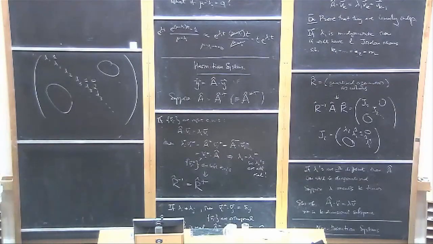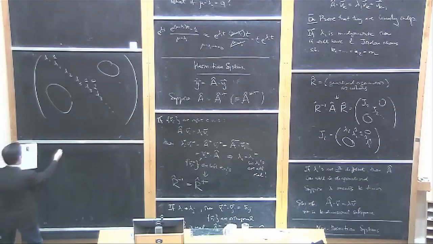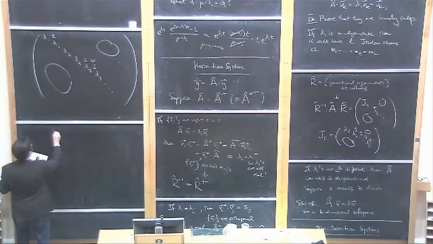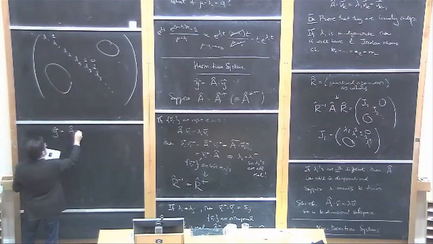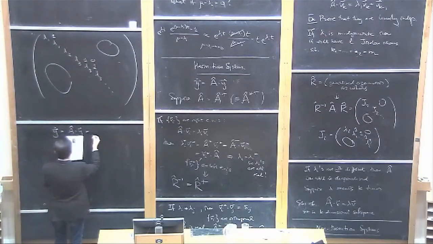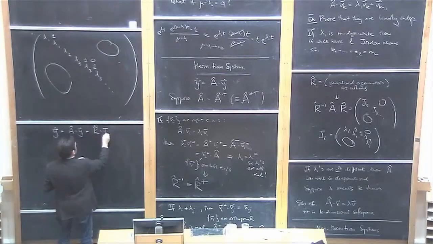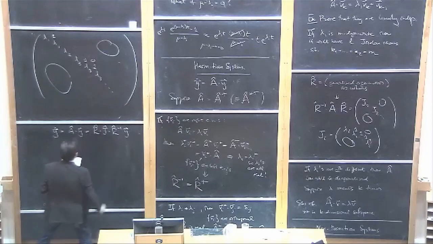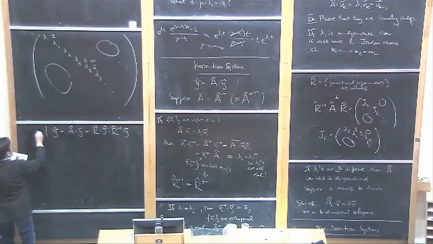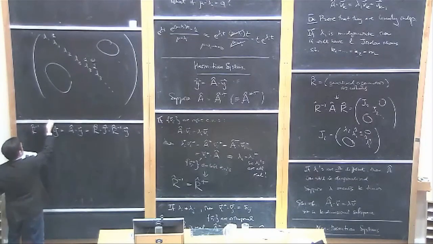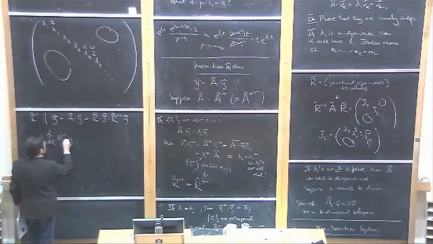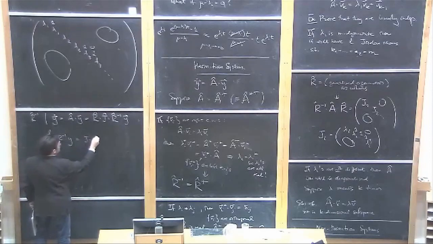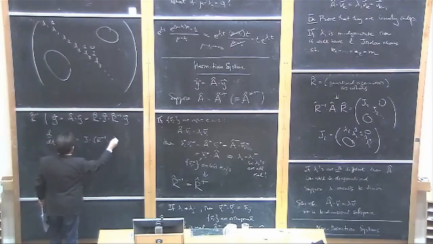Well, once you have this, it's the usual story. Y dot is equal to A dot Y, and that's R dot matrix in the Jordan form dot R minus 1 dot Y. You multiply by R to the minus 1, you get d by dt of R minus 1 y equals J dot R minus 1 y.